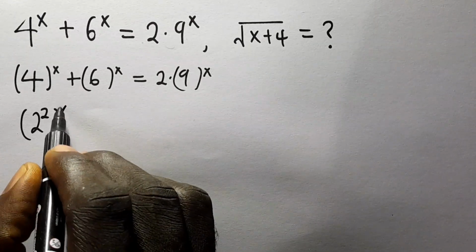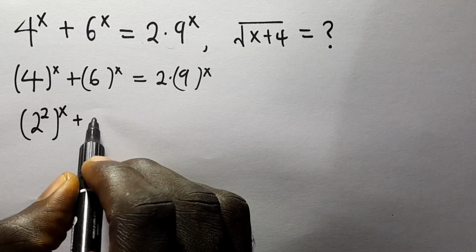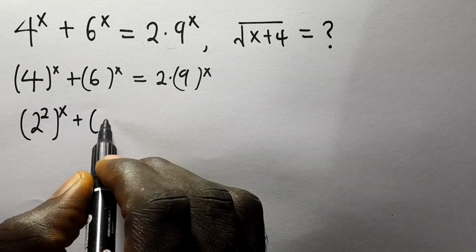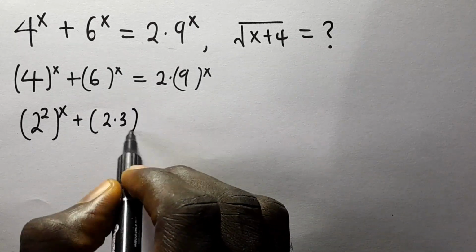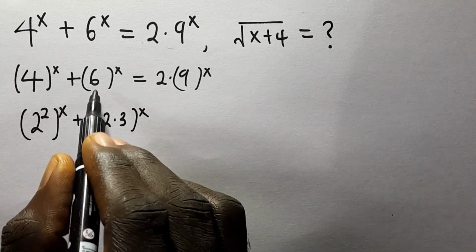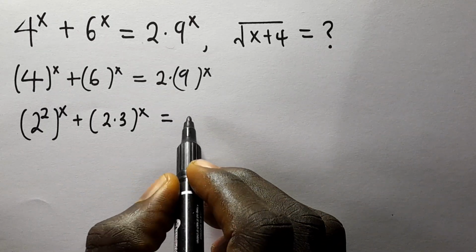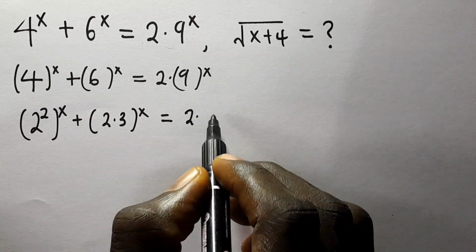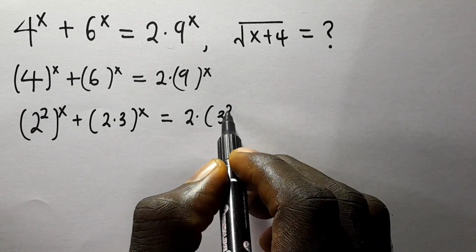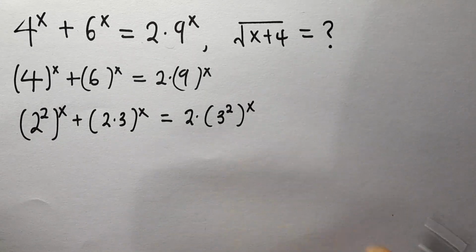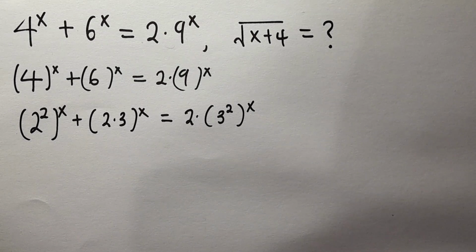So now from here, we know that 2 raised to power 2 equals 4, then raised to x, plus 2 multiplied by 3 gives us 6 raised to x, equals 2 times 3 raised to power 2, all raised to x.